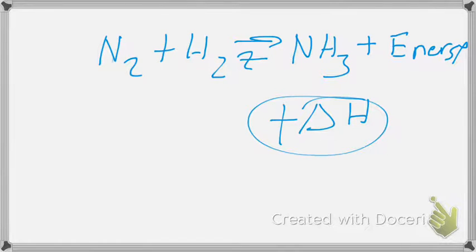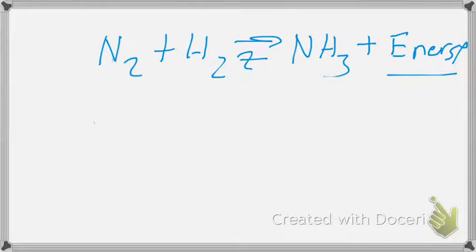Now if it was positive, then I would have added energy to the reactant side, because the forward direction would have been endothermic. Okay? But since the forward reaction is exothermic, I'm going to put energy on the product side.